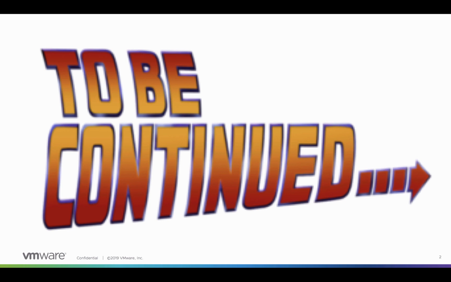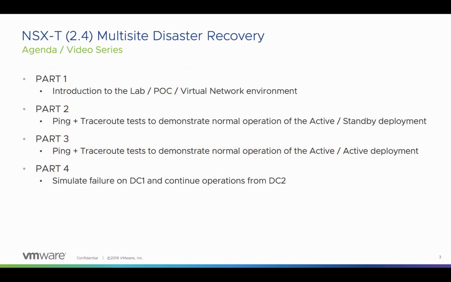Well, that's today actually. I split this video series into 4 parts, just to keep it a little bit more organized. In part 1, I'm going to do a small introduction of the lab environment and the virtual network environment. In part 2, I am going to do a ping and traceroute test to demonstrate the normal operation of a multi-site active and standby deployment.